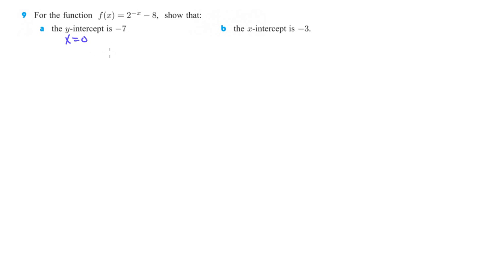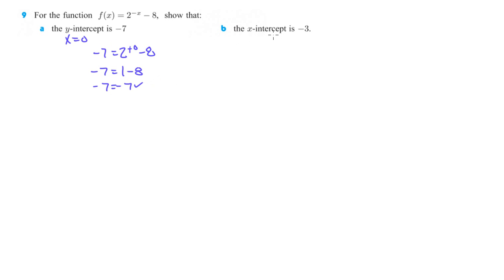So negative 7 should equal 2 to the negative 0 minus 8. Anything to the 0 power is always 1. 1 minus 8 is negative 7. So that checks out. So that's showing that the y-intercept is negative 7.